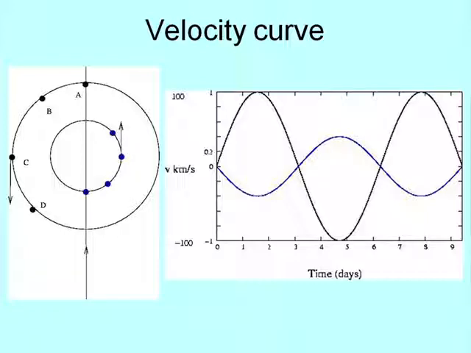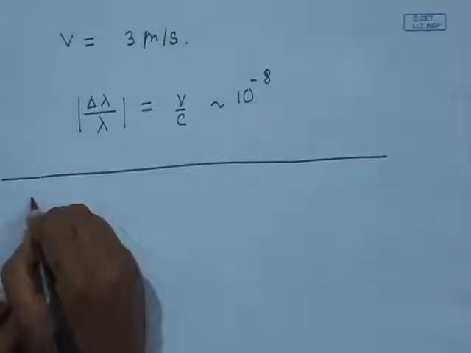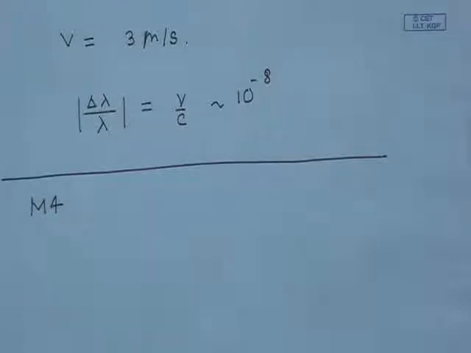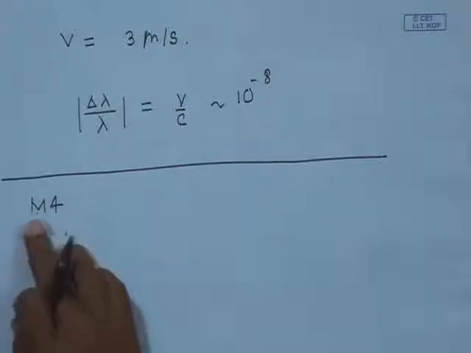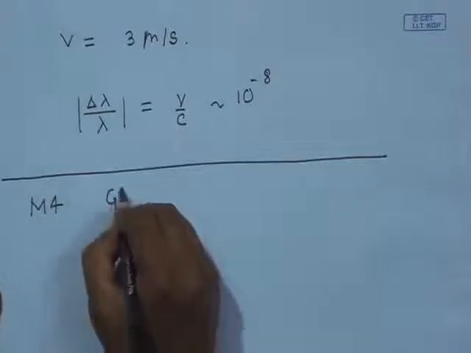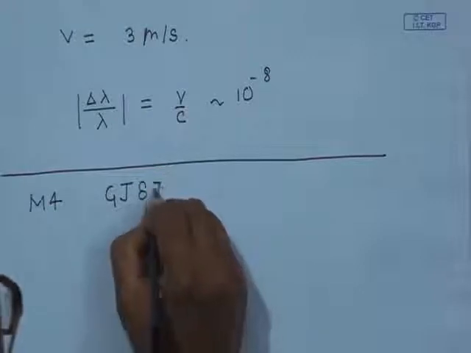Let me just mention an example of an exoplanet. Stars are classified into different types, which we shall discuss later on in this course. There is a star of type M4. The star has the name GJ 876. This is the number given to the star.